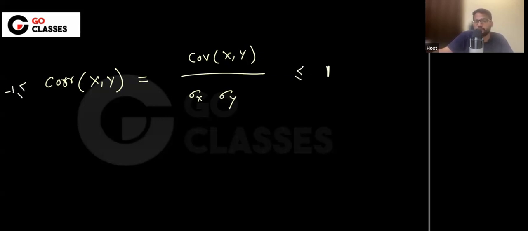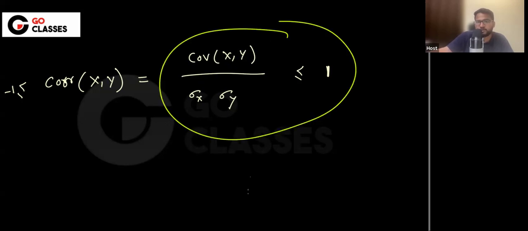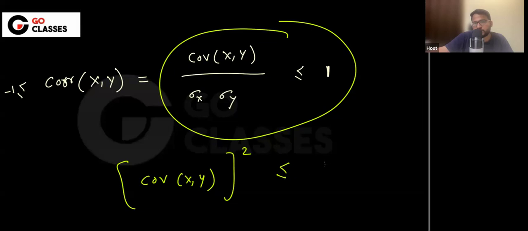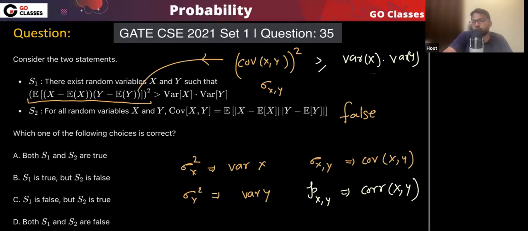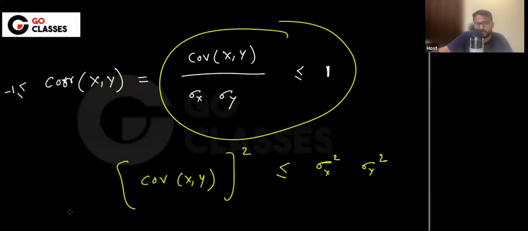Okay, if someone asks you, basically you can say, if you square both sides, it will be like this: covariance of xy squared is less than or equal to sigma x squared times sigma y squared, right? So this quantity is less than or equal to the product of the variances.